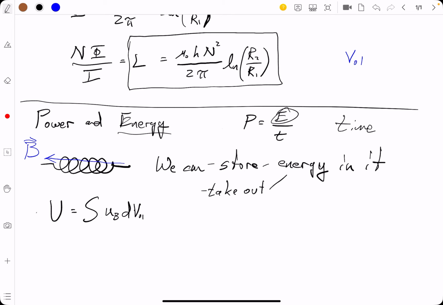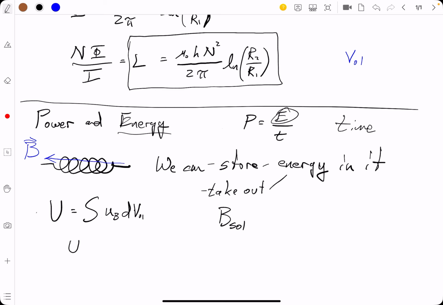So let's find our magnetic energy density. And I'm trying to think. Okay, I think I want to write this first.